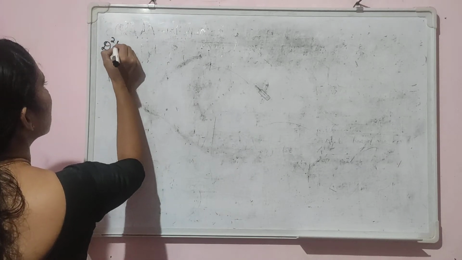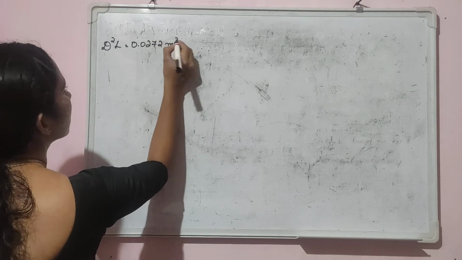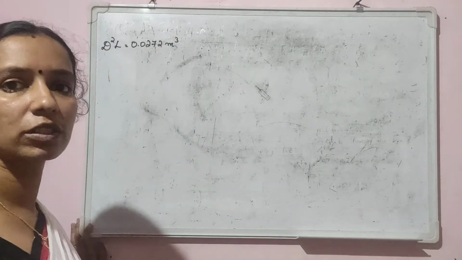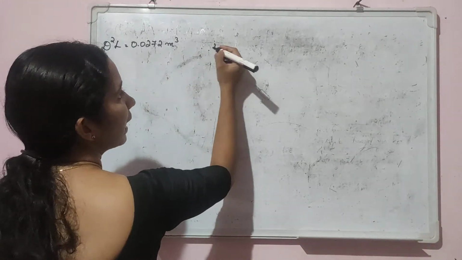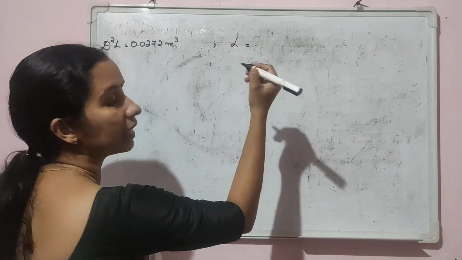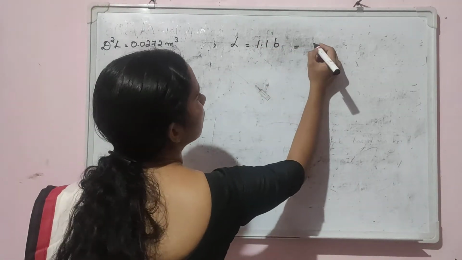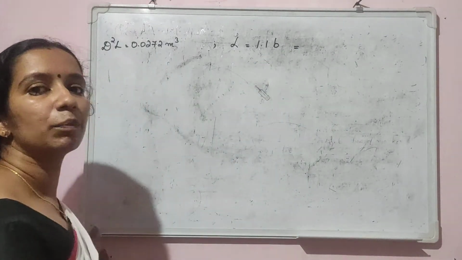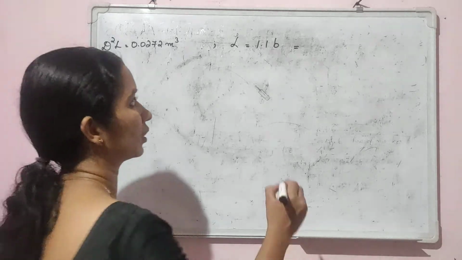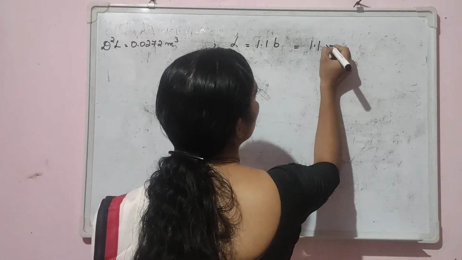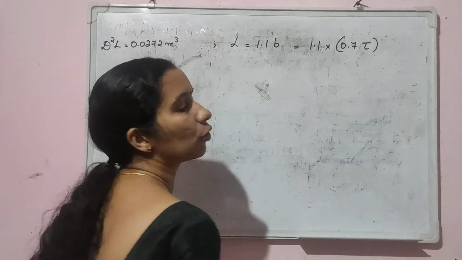We have D square L as 0.0272 meter cube, and let us use the dimensions of the pole to separate D and L. In the question it is given that the core length is equal to 1.1 times the pole arc, and the pole arc is given as B. The pole arc is given as 70% of pole pitch. That is, L is 1.1 into B, where B is 70% of pole pitch tau.